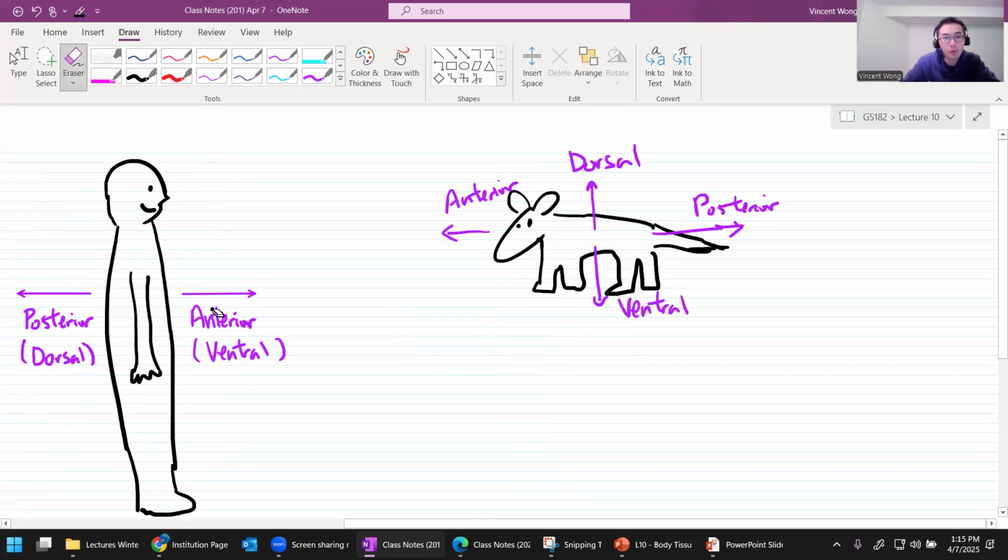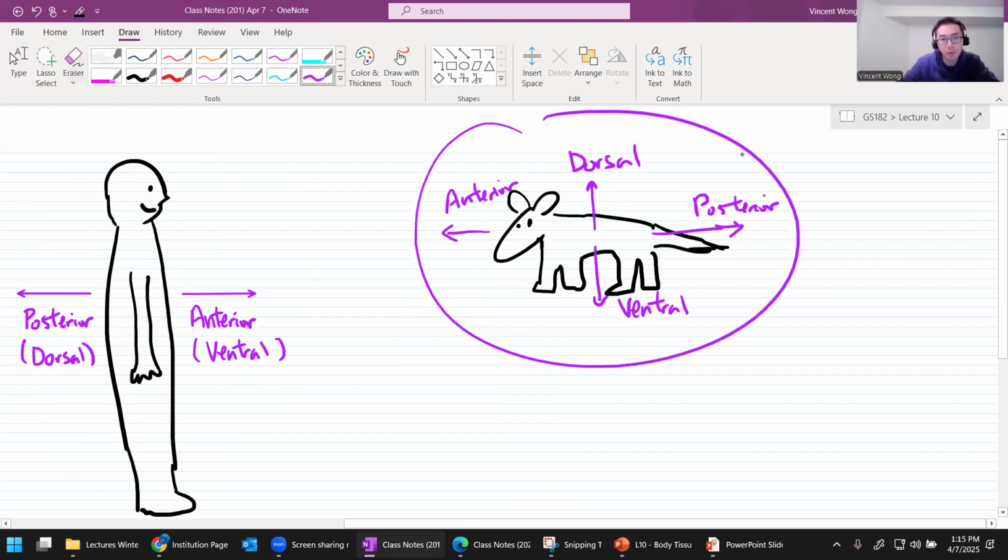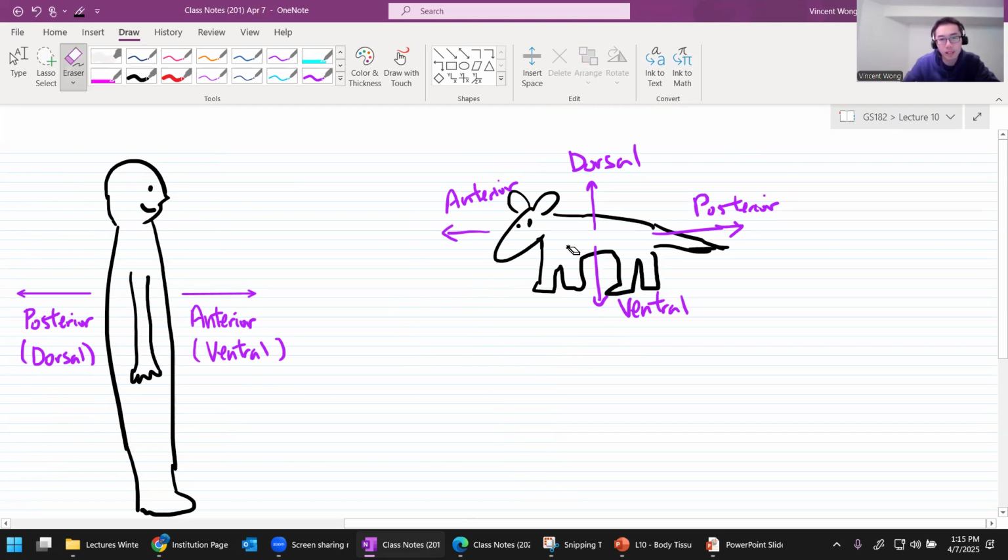So dorsal and posterior are the same for us, and anterior, ventral are the same for us because we walk on two legs. But for things that walk on four legs, these words mean different things.